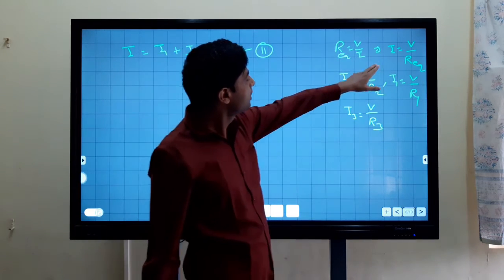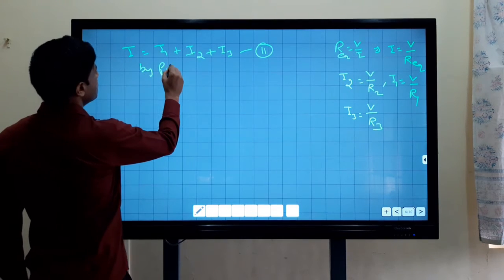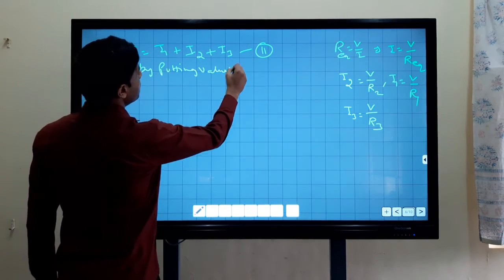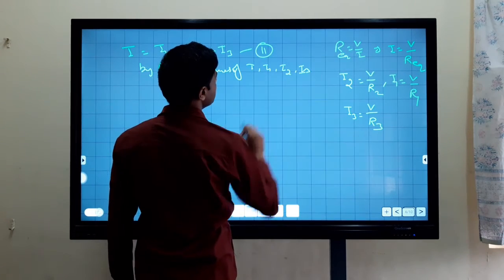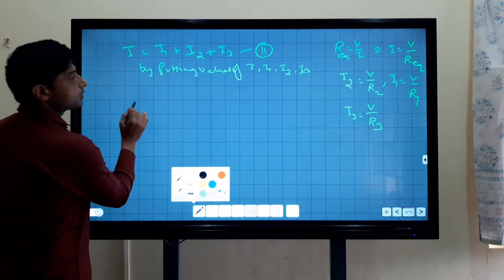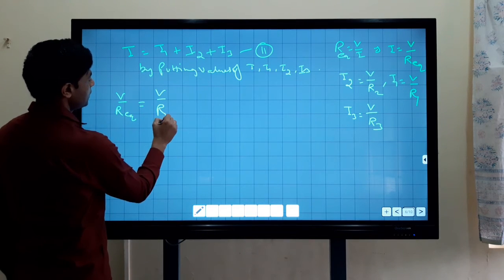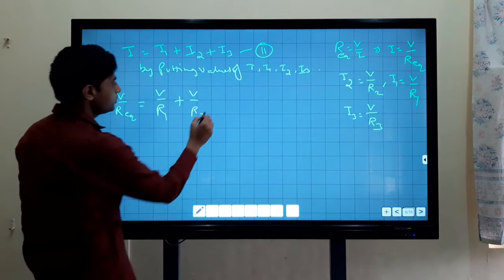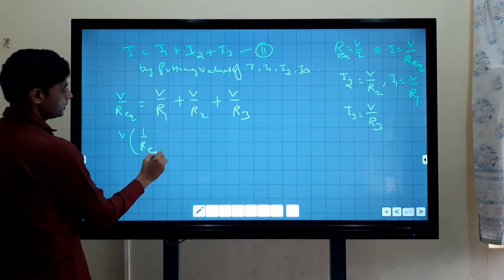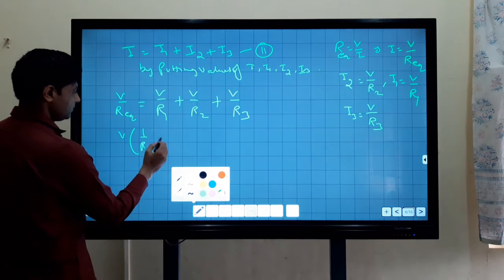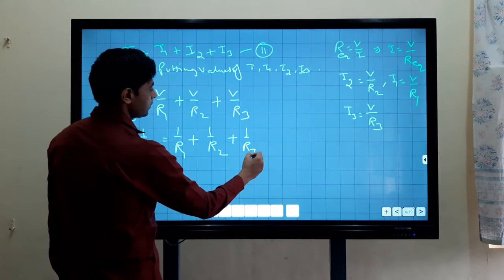So by putting the values of I1, I2, I3 in equation first, I equal to V upon R equivalent equal to V upon R1 plus V upon R2 plus V upon R3.